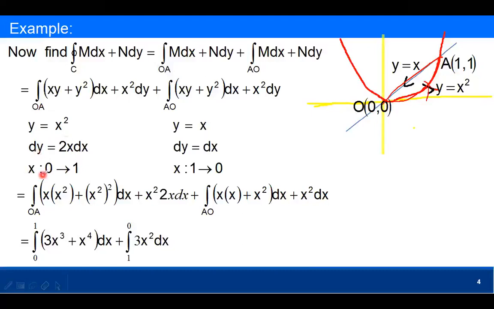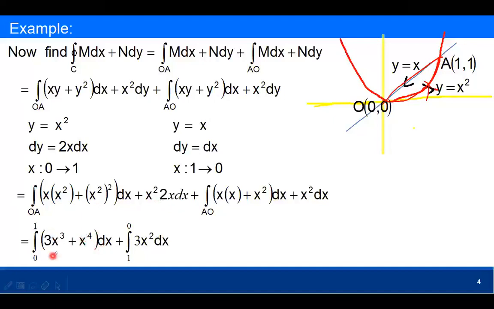So substituting this, x into y value x square, x into x square plus y square, that means x square whole square dx, plus in this x square dy is 2x dx, and x is varying from 0 to 1. So x into x square, that is x cube, plus x raised to 4, plus 2x into x square, that is 2x cube dx. Here 2x cube, this is x cube, that is 3x cube plus x raised to 4 dx, and x is varying from 0 to 1.